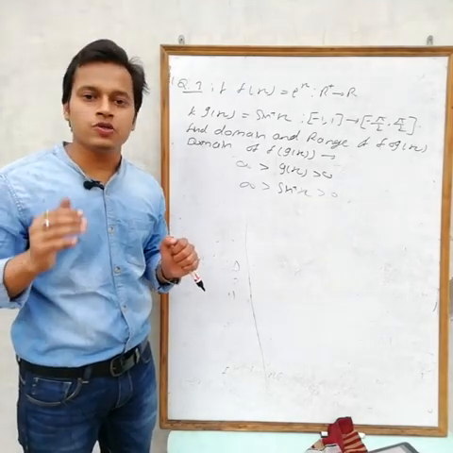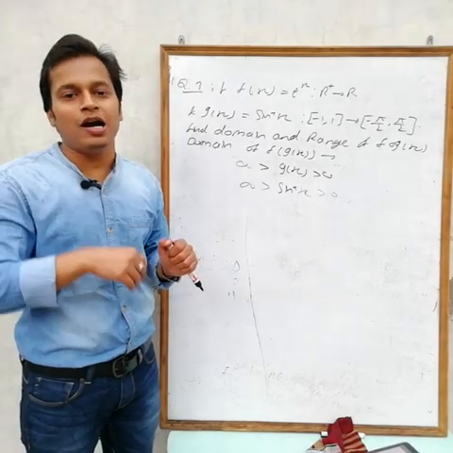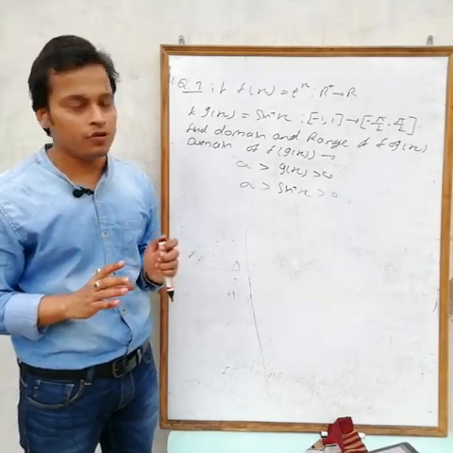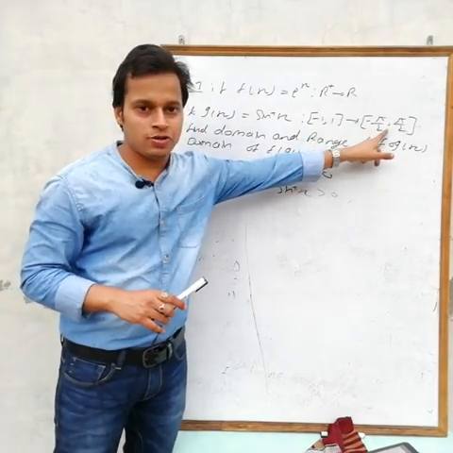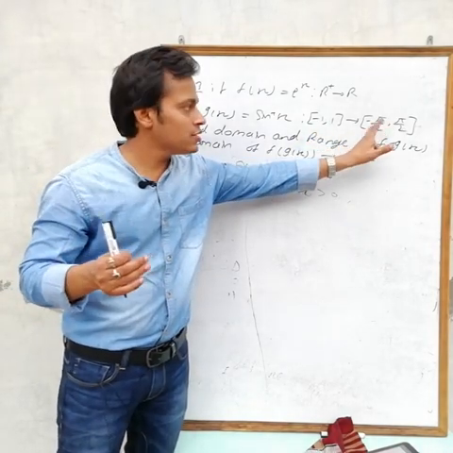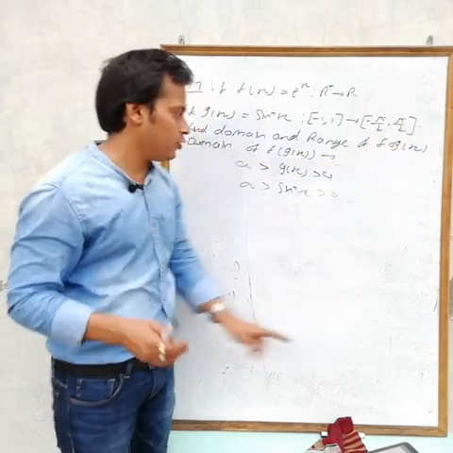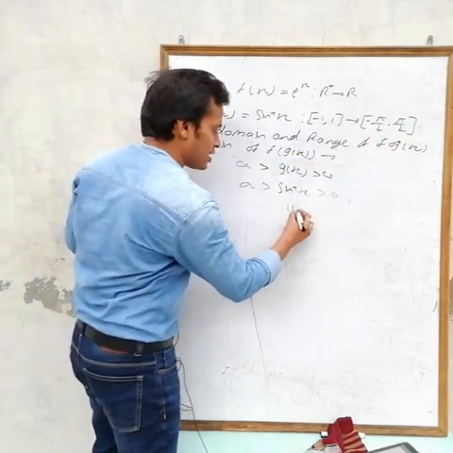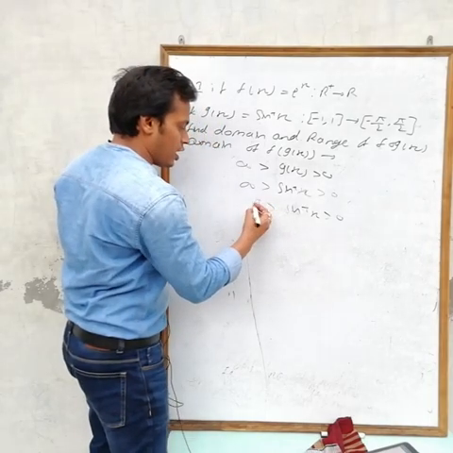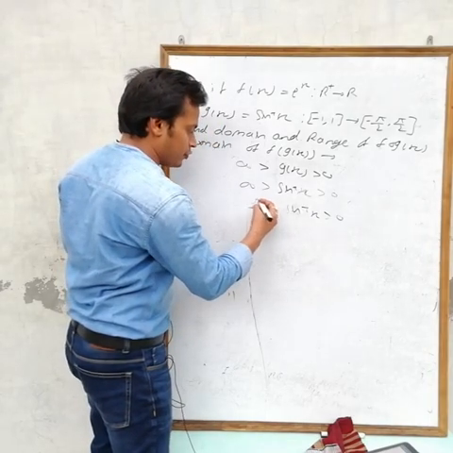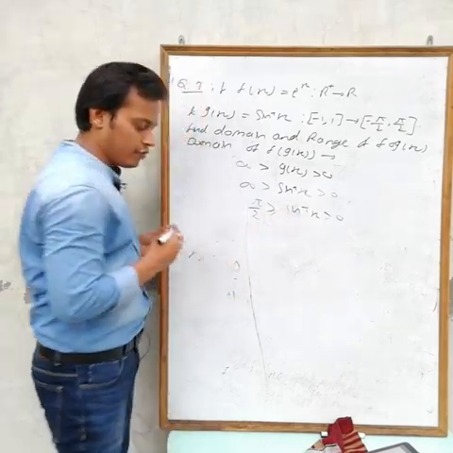The range of sine inverse is minus pi by 2 to plus pi by 2, it can't be greater than plus pi by 2. And also here it is written, this one is the domain and this one is the range. So sine inverse x can't take a value greater than pi by 2. So here I have to limit it at pi by 2, with the equality sign.